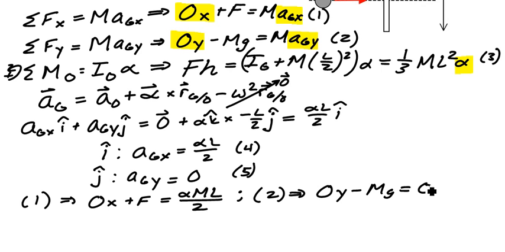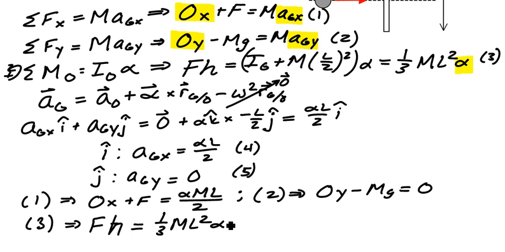And I also, of course, know from equation 3 that F times H is equal to 1/3 times M L squared times alpha. So I can take equation 3 and solve for alpha, and in this case alpha is equal to 3 times F times H divided by capital M times L squared.